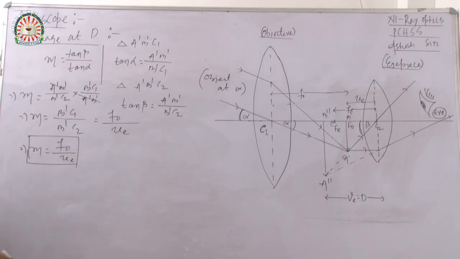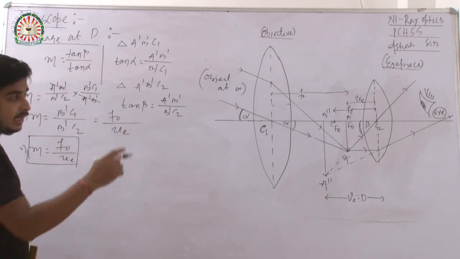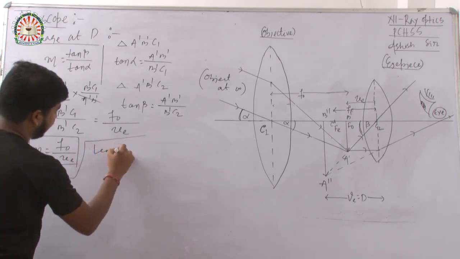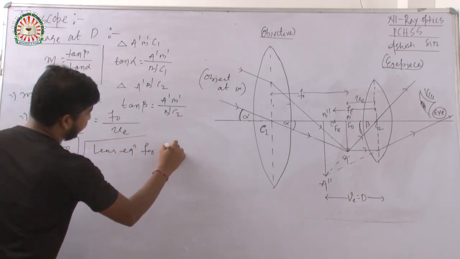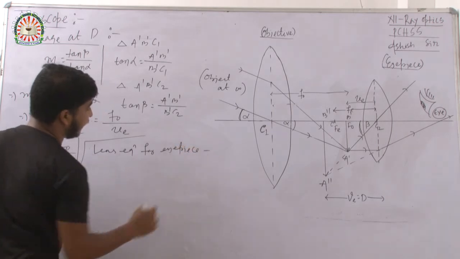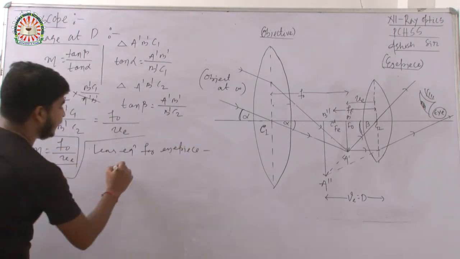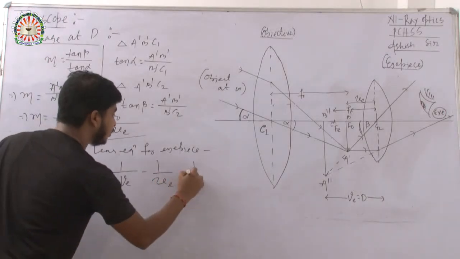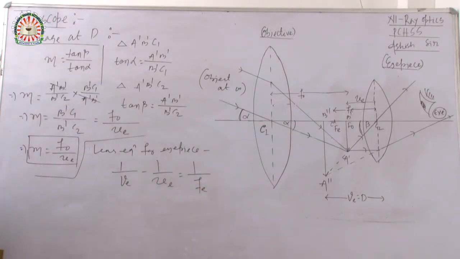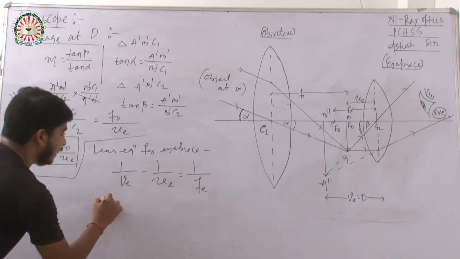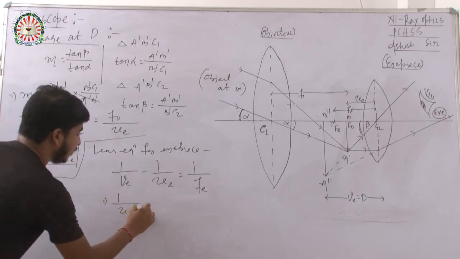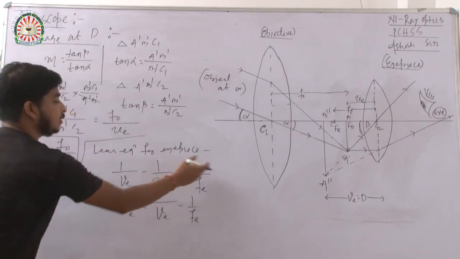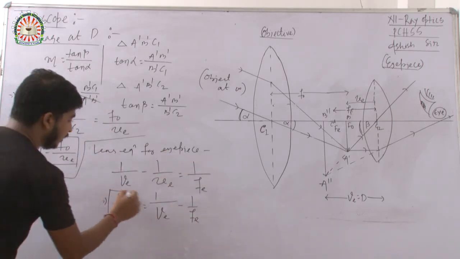So if I write the lens equation for the eyepiece, then it will be 1 by ve minus 1 by ue equals 1 by fe. This is the lens equation. From here you can write 1 upon ue equals 1 upon ve minus 1 upon fe.